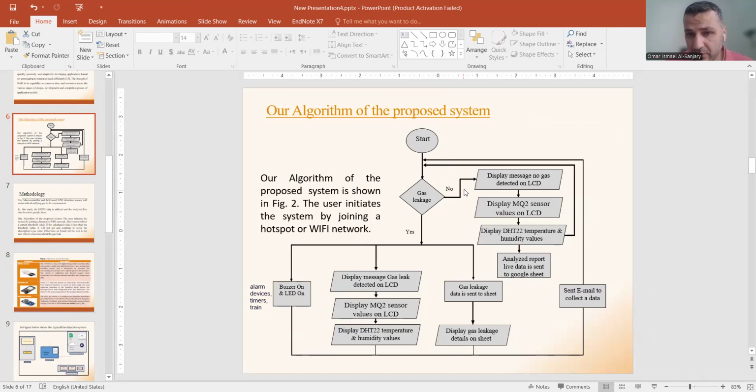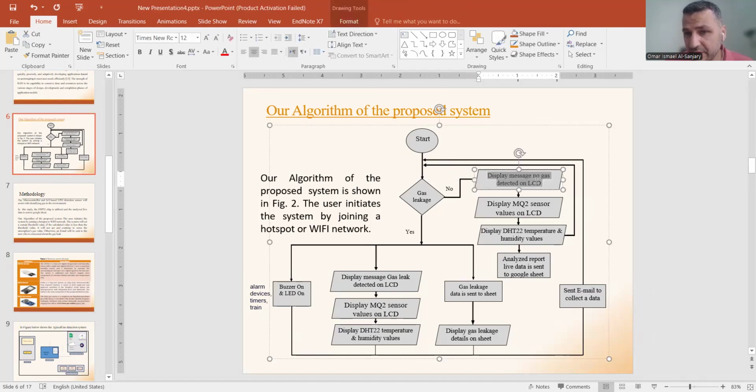If there is no leakage or gas detection on the LCD, it will move on to display the MQ sensor reading, which I'm going to explain, and also display the DHT22 temperature and humidity value.